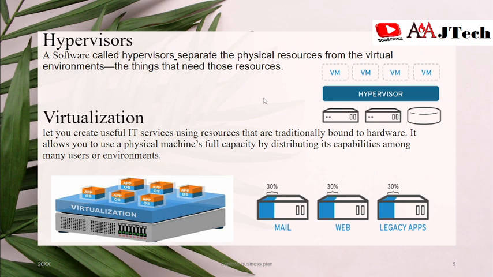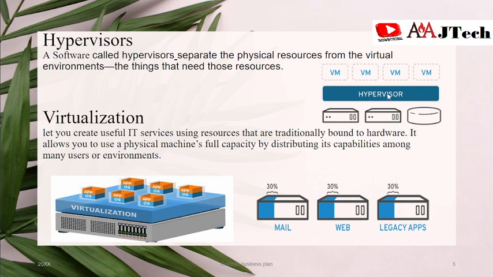For example, pretend we have these physical servers here and the hypervisor is running on them. Let's think for a moment. This virtual machine is a web application, this is a network application, this is a mailing server, and this is a database. But all of them are running on the same machine.